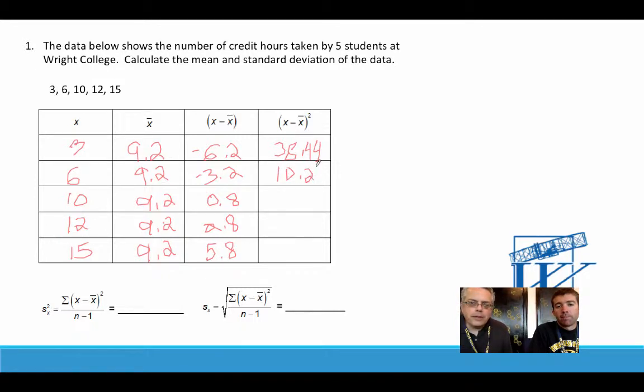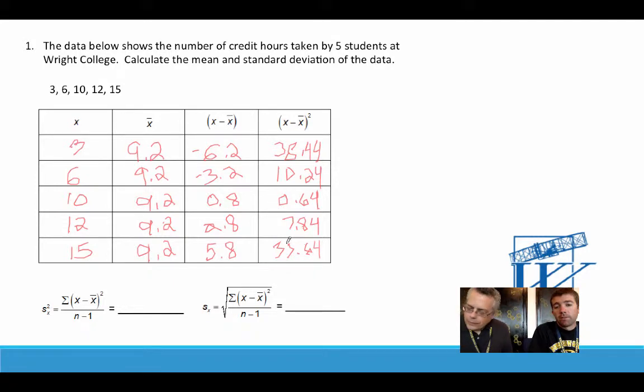Remember, when you square a negative number, you get a positive number. 0.8 squared is 0.64. 2.8 squared is 7.84. And 5.8 squared is 33.64.